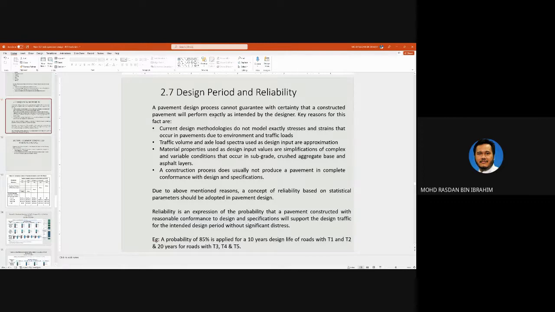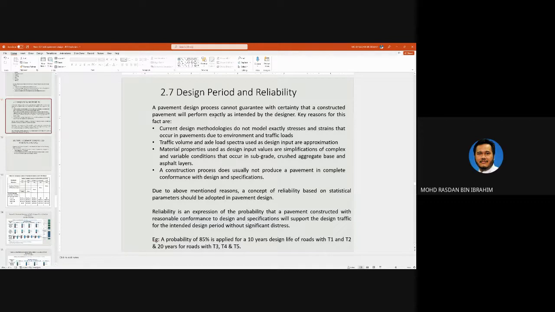The traffic volume and axle loading spectra used in design are approximations, and material properties used as design input are simplifications of complex variable conditions in a subgrade. And the construction process does not usually produce a pavement in complete conformance with design specifications. That is 100% correct.